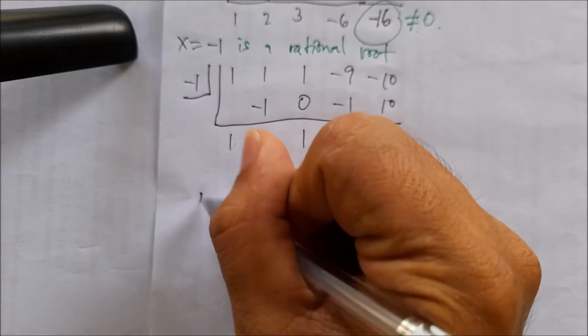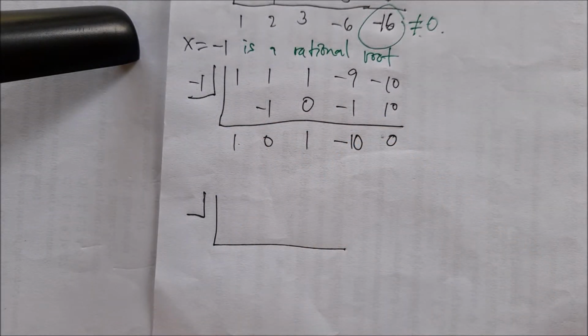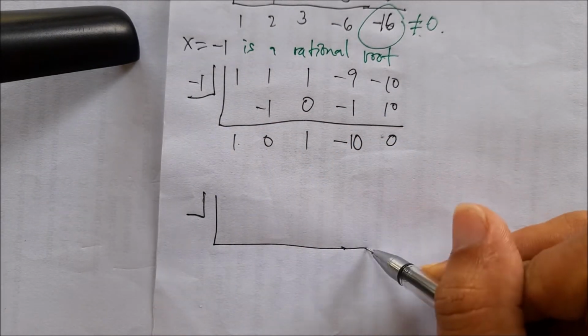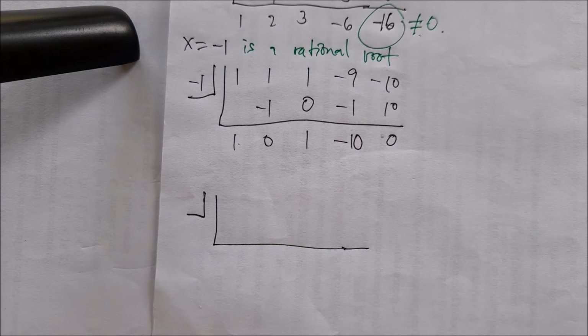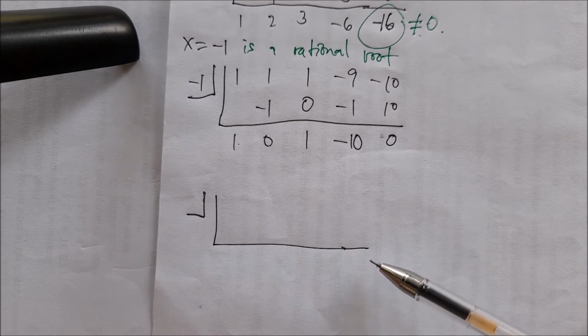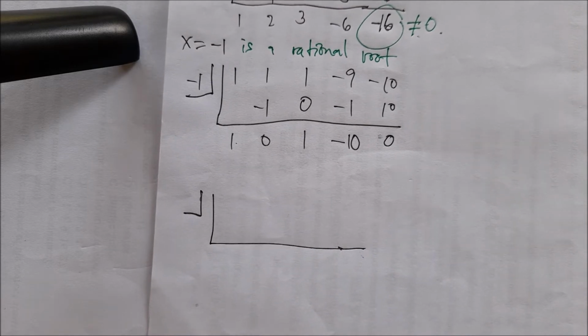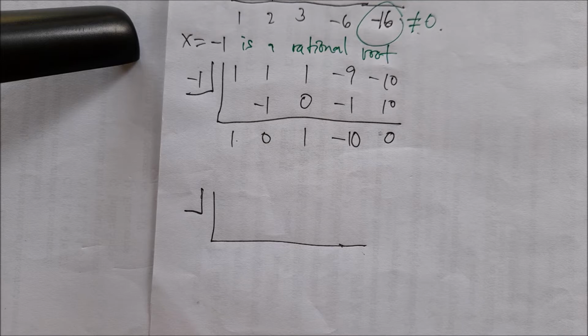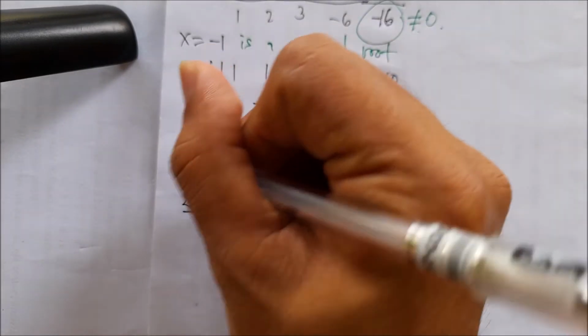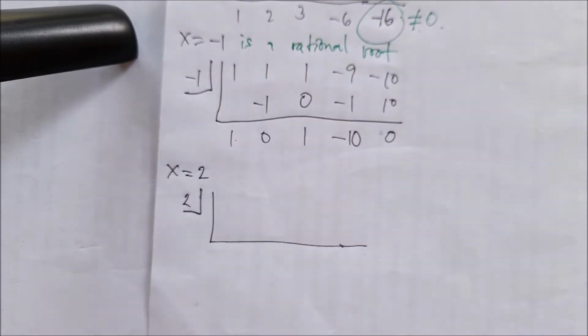Set up another table for synthetic division. Then try to find the value of x. You need to guess by trial and error until the remainder becomes 0. What is the value of x? Let's try positive 2. x is equal to positive 2.